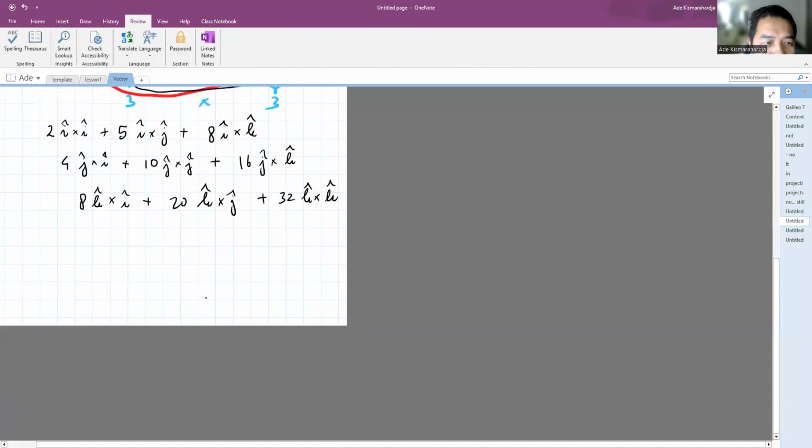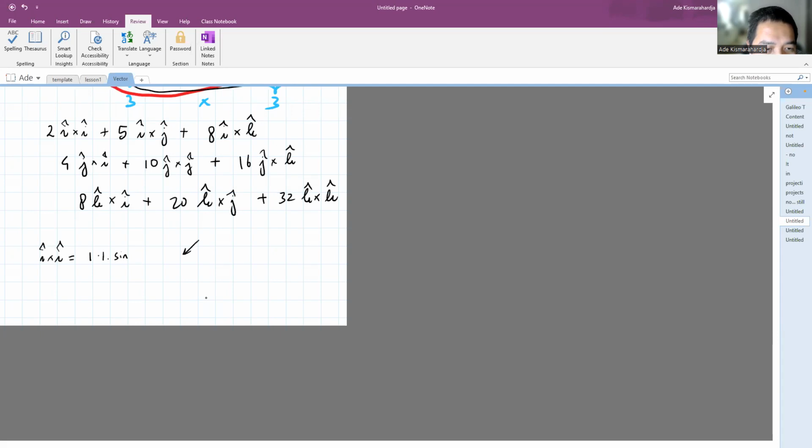So, essentially, when you have the cross product between unit vectors, for example, i cross i, let me tell you now. Essentially, when you do the cross product between unit vectors, this is what happens. The magnitude of the cross product will be the magnitude of these vectors, so in this case, 1 times 1 times sine of the angle between them.